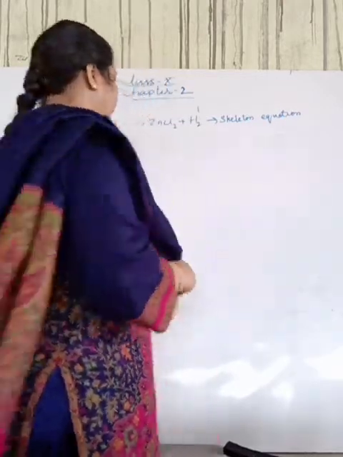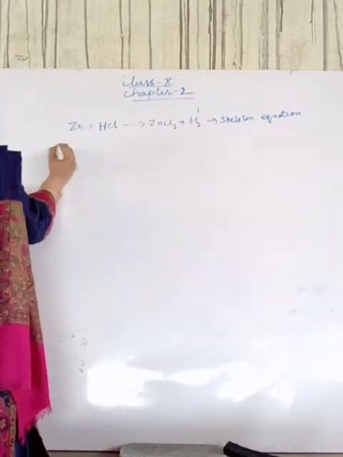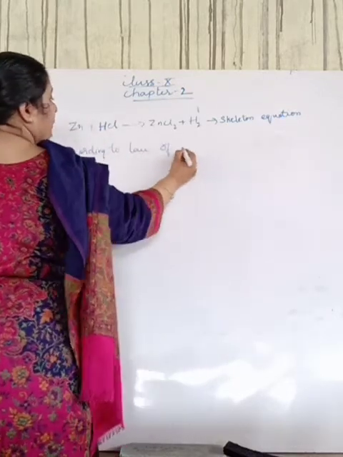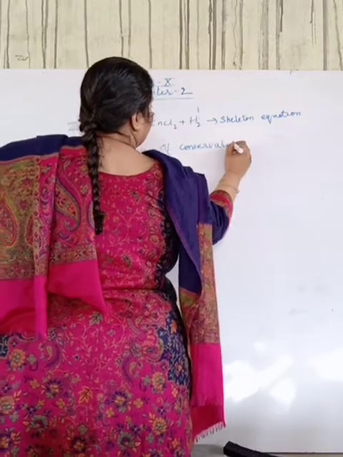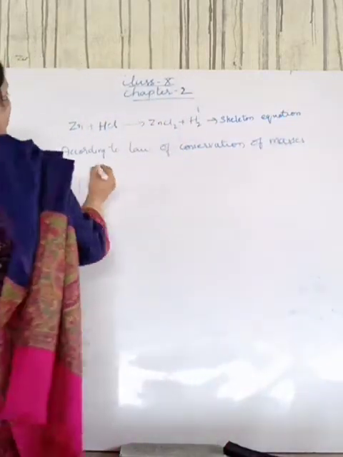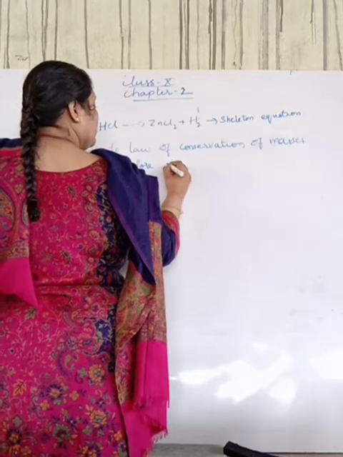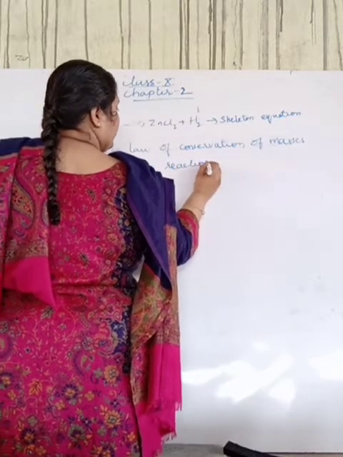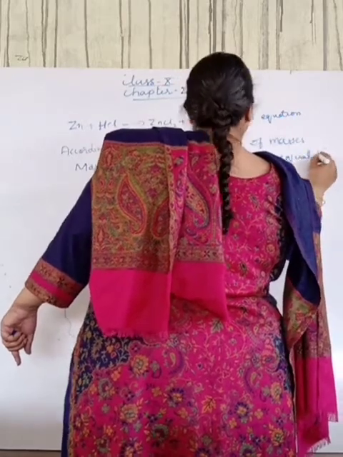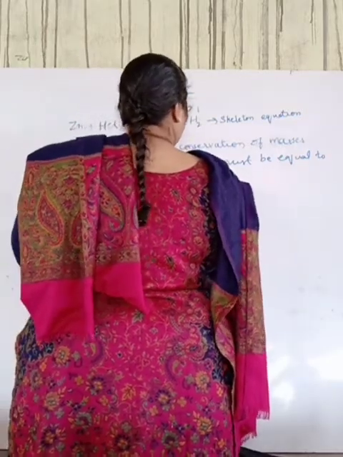According to the law of conservation of masses, it tells us that masses before a reaction must be equal to masses after a chemical reaction.